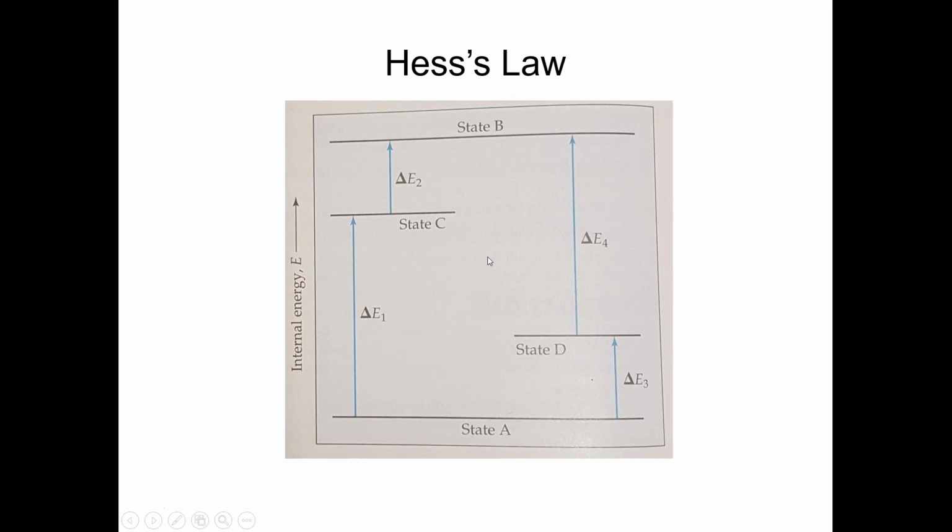You can use arithmetic to work out the difference between state C and state D, because again, these are path independent functions. What's true for internal energy is also true for enthalpy.